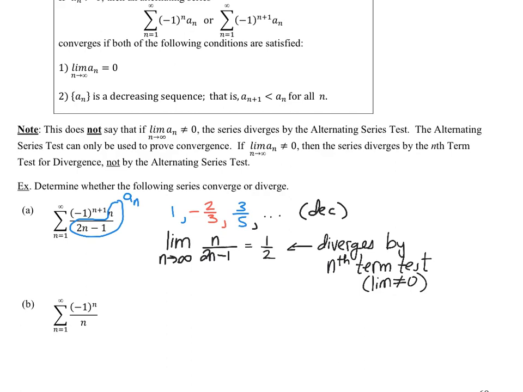But if this fails to equal 0, like really, if you think about what I did here, I found the limit of this a sub n value, n over 2n minus 1, which is what we would do if we were applying the nth term test. The nth term test told us that if we got a 0, that was a problem. 0 meant inconclusive.